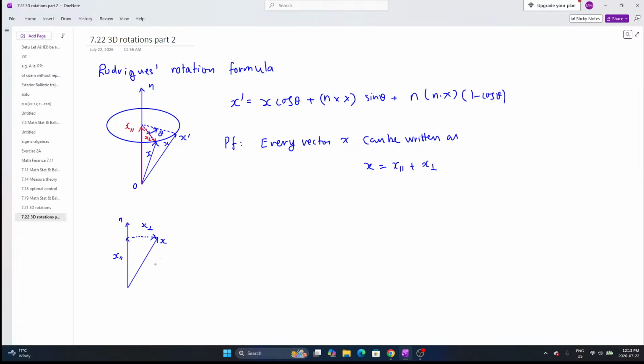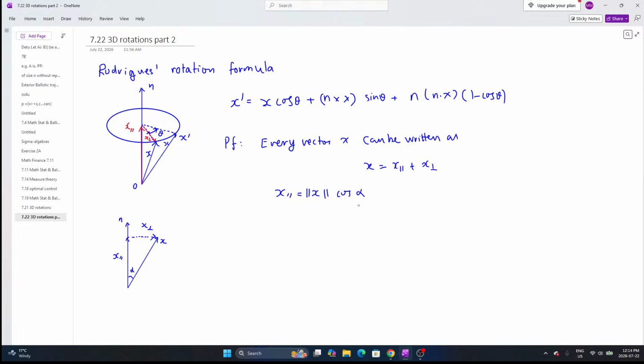that's a nice exercise in linear algebra. So we can write x parallel as follows. So first of all, let's find the length of x parallel. The length of x parallel, of course, is just the length of x times the cosine of theta. I mean, not theta, but rather theta is the rotation angle. Let's just call this alpha, okay?